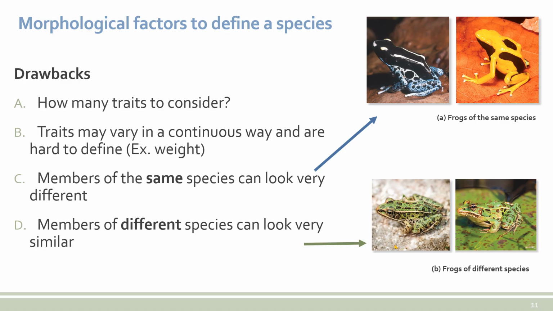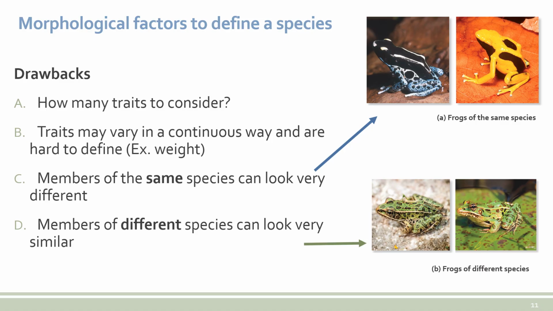Others are continuous. So the example here is weight. There is no set category of weights for pretty much any organism. There are individuals who are thinner or lighter, individuals who are medium, individuals who are heavier and bigger. There is no set category, so that makes it a little bit hard to define.